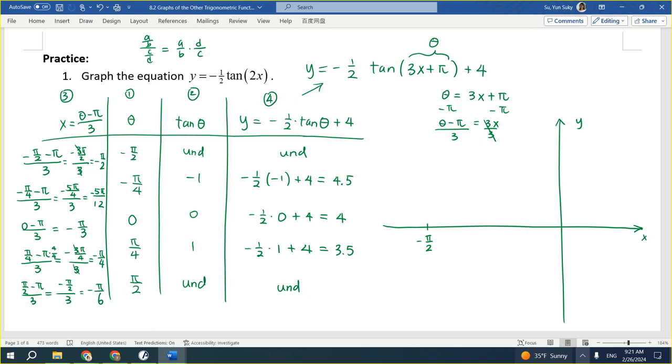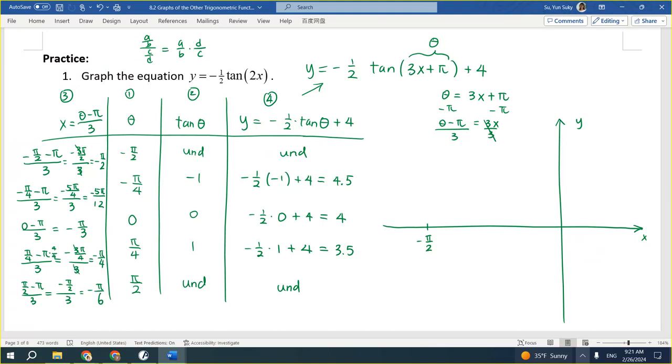If your numbers are between 0 and 2 pi, then you draw more on the positive side, and you know your biggest is 2 pi. But here, the smallest is negative pi over 2, so don't draw negative 2 pi. You don't need to.